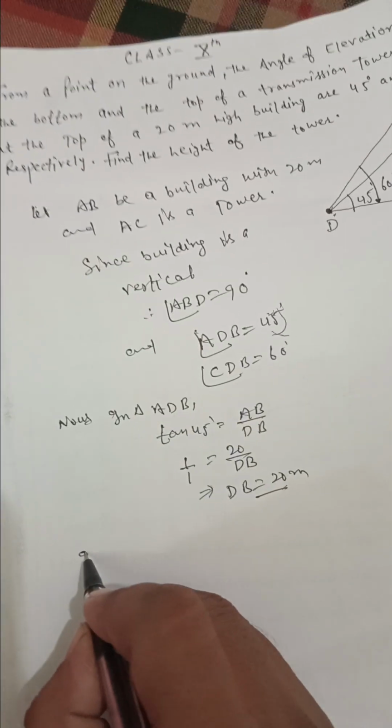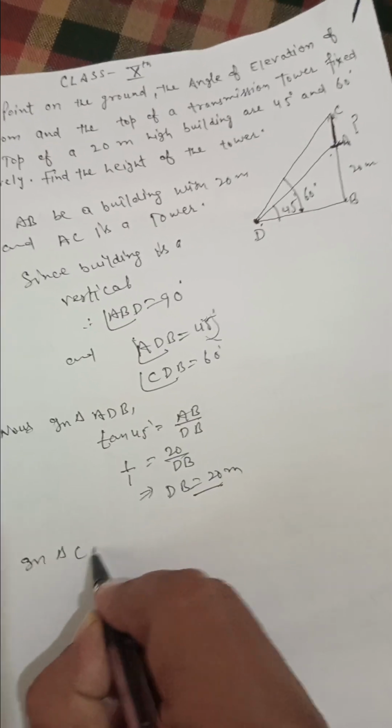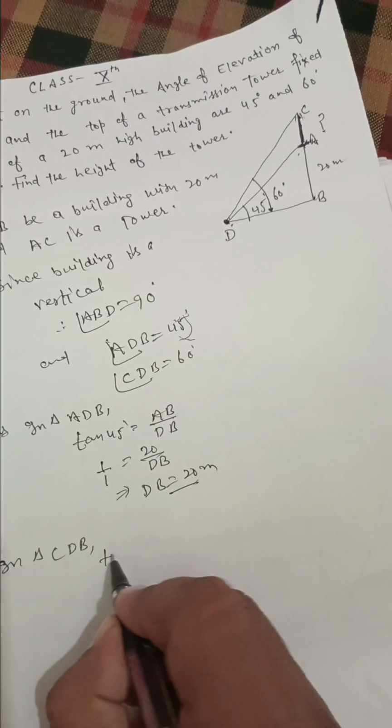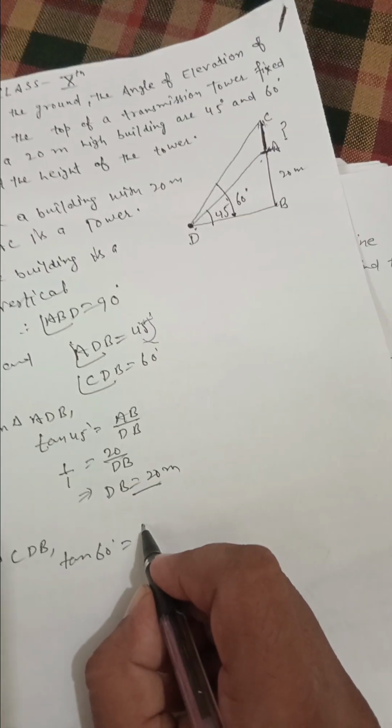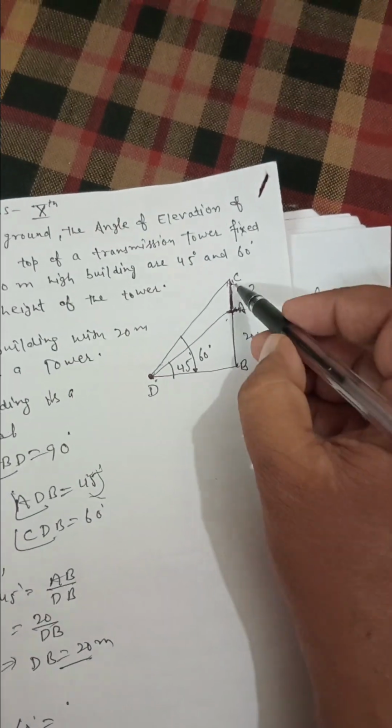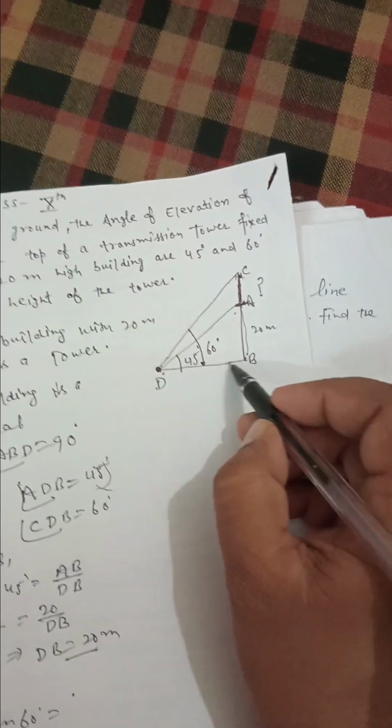Next, in triangle CDB, tan theta, theta means 60 degree, and here in CDB the perpendicular is BC and the base is DB.